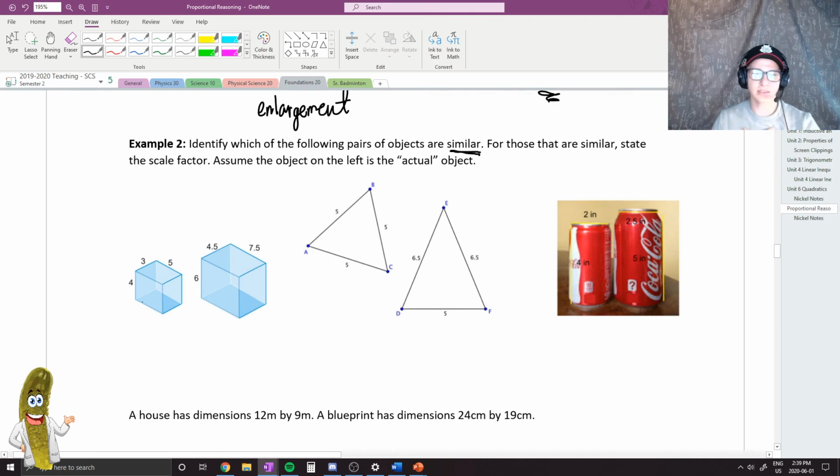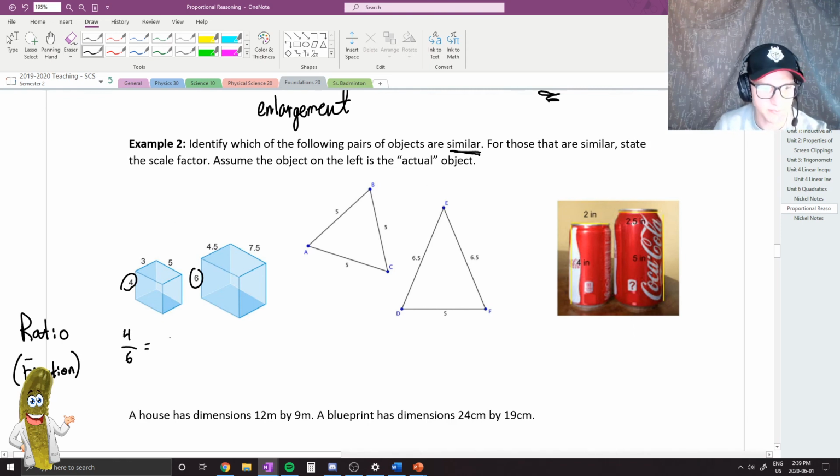Now, when I was looking at these questions, how I liked to compare these was to take two of the exact same side, pair them up, and see what the ratio of those is. So I like to use the ratio or the fraction to see if these were in fact similar objects. So what I would do is 4 divided by 6, and when I did that, I got 0.6 repeating.